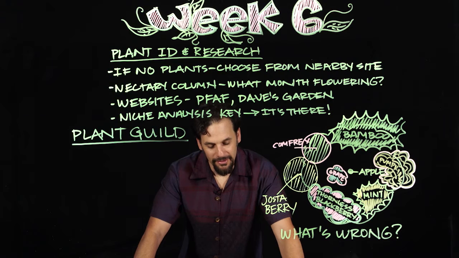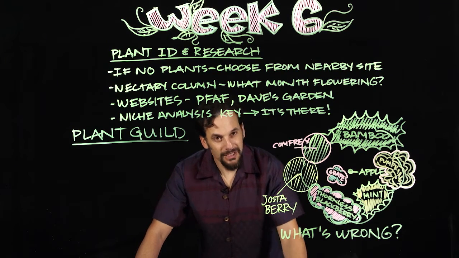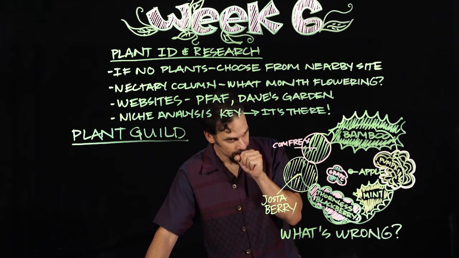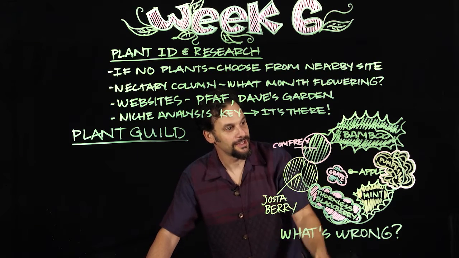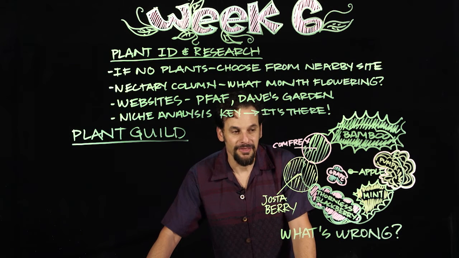Well, the thing that's wrong here is that I've drawn many very vigorously growing plants that when you plant them originally as young plants, they're small enough to be able to fit into this sort of scheme. But very quickly, this assemblage of plants would become a massive thicket of very rampant species.